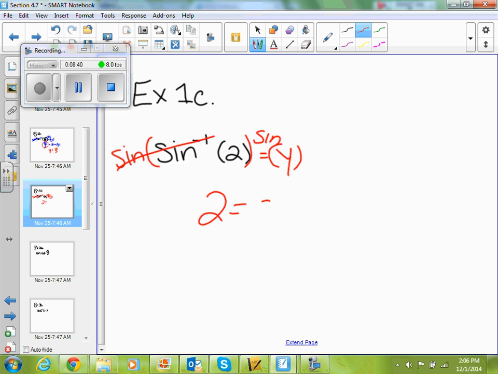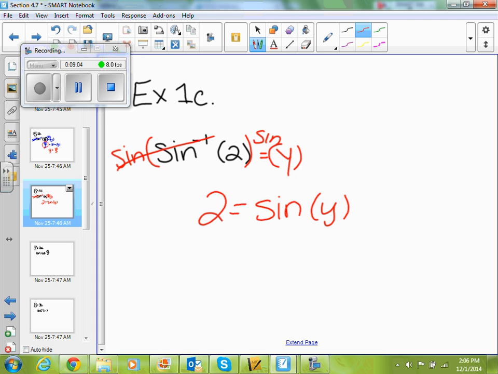So 2 is equal to sine of y. That tells me y equals wherever sine is 2.